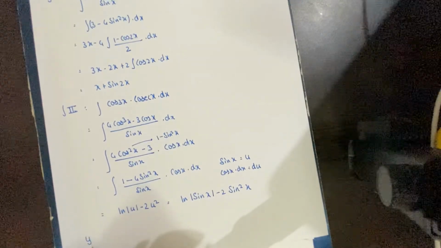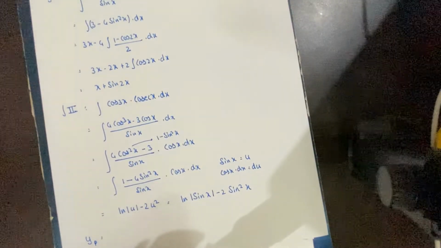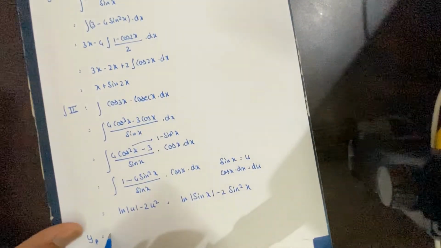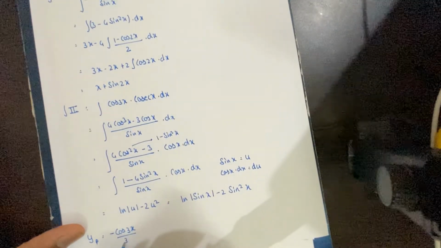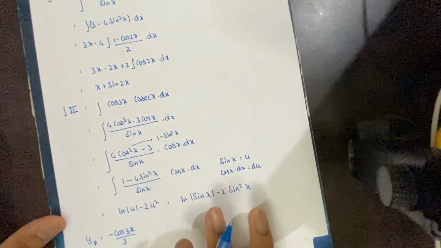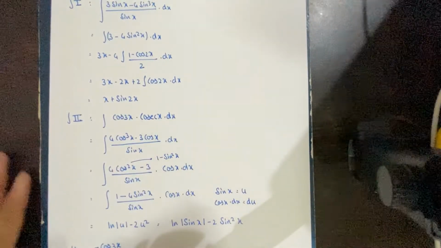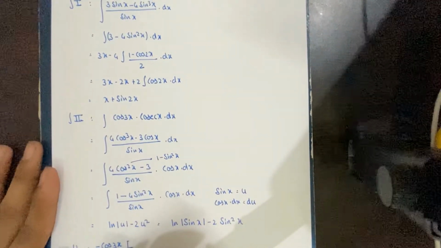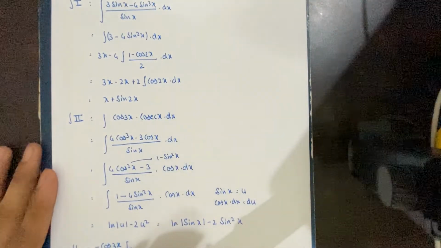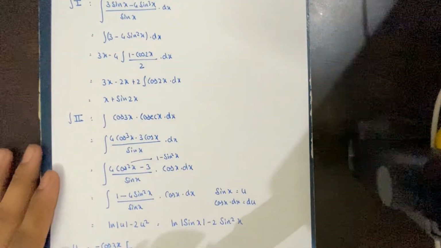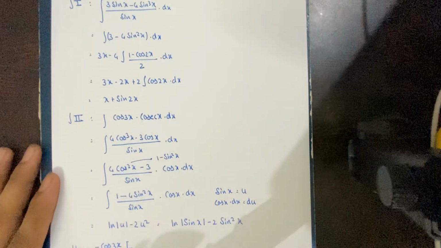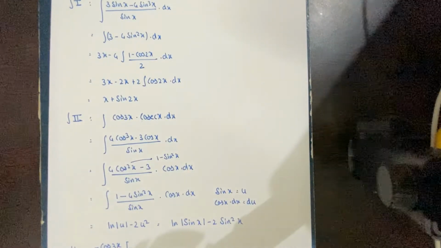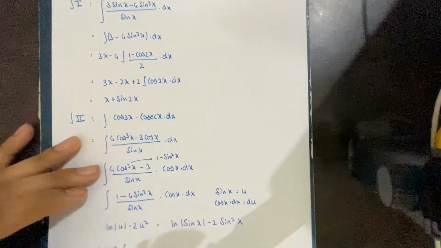So yp equals minus cos 3x by 3. By the way, we won't have any integration constant. Sorry about what I told earlier. Where is that? Let me just check the previous paper. Okay, it's right here.